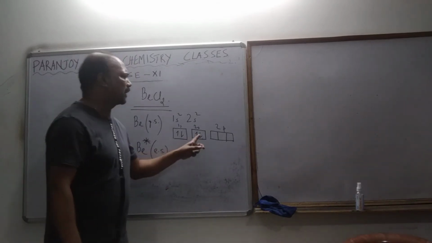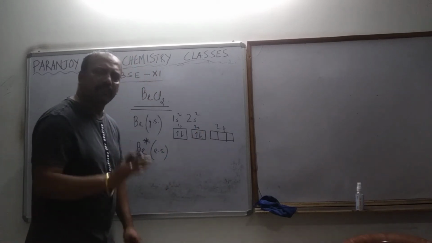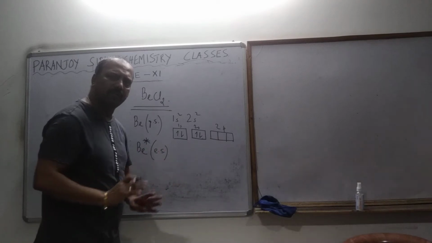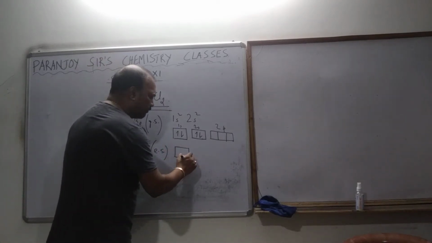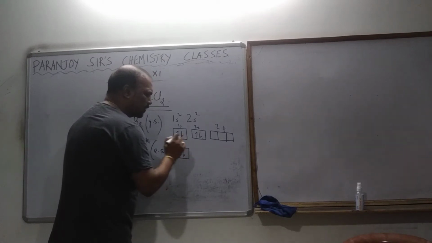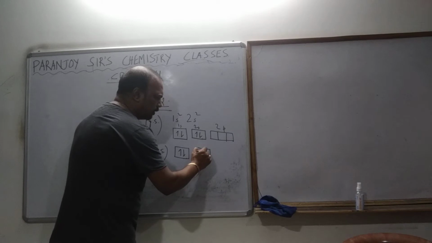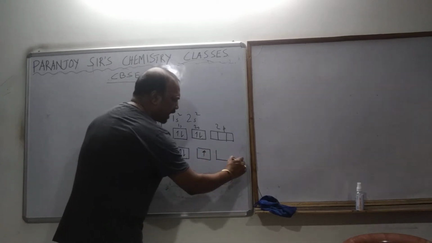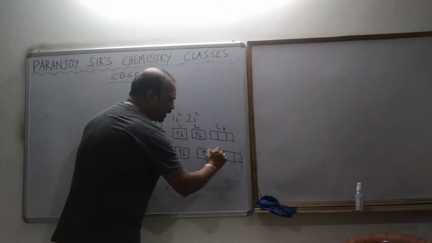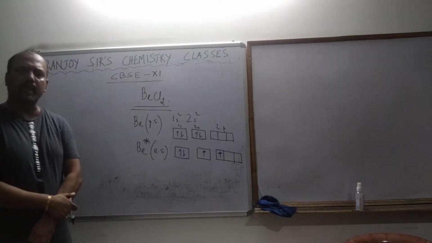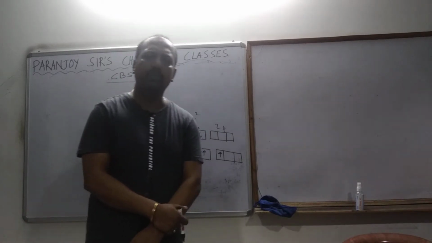So one of the electrons from 2s will jump over here and Be will get ready to form the bond. Now the configuration is 1s2, 2s has 1 electron, and 2p has 1 electron. Now Be has 2 orbitals with unpaired electrons and it is ready to form 2 bonds.